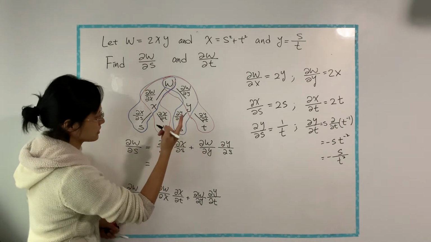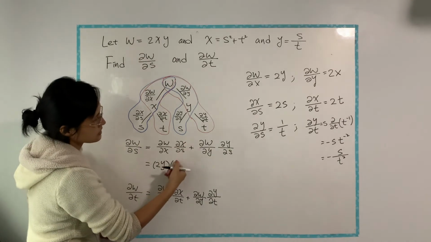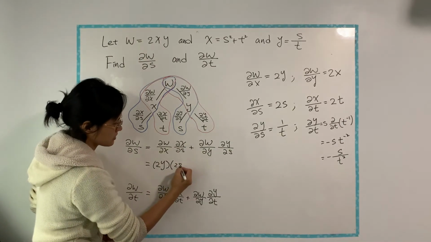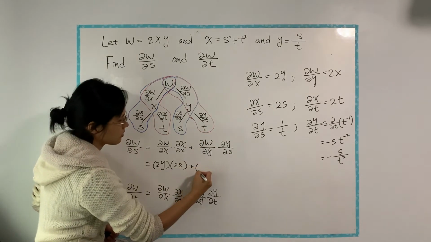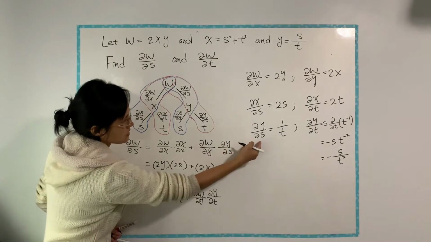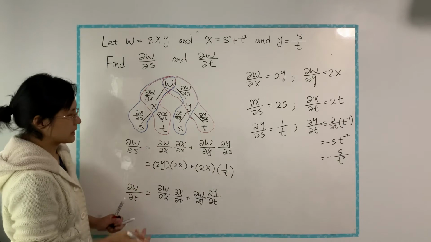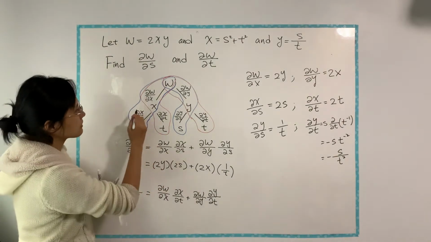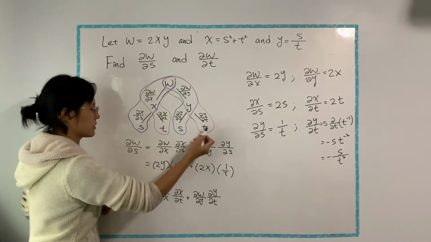dw dx, that is 2y. Okay. dx ds, that is 2s. Plus dw dy, that is 2x. Times dy ds, that is this guy. So that's 1 over t. All right. And I need to convert the variables in the middle to variables on the bottom.